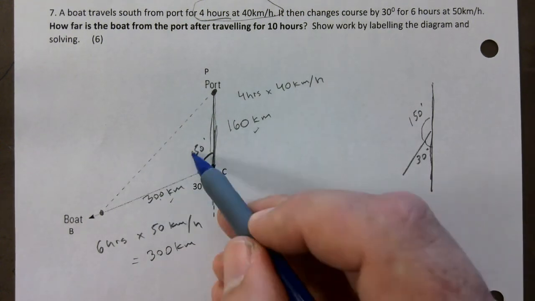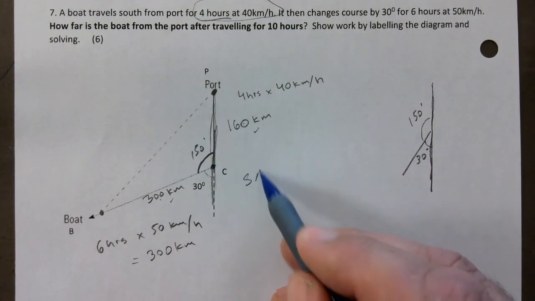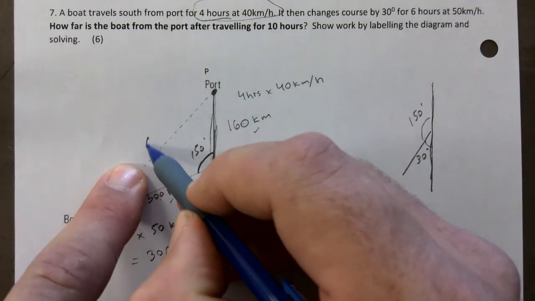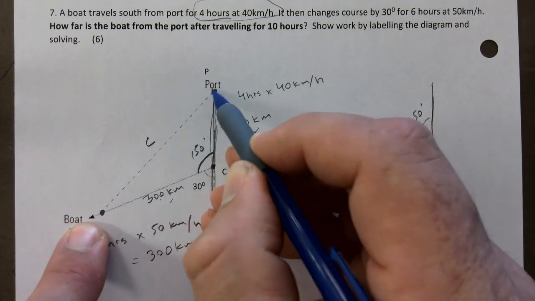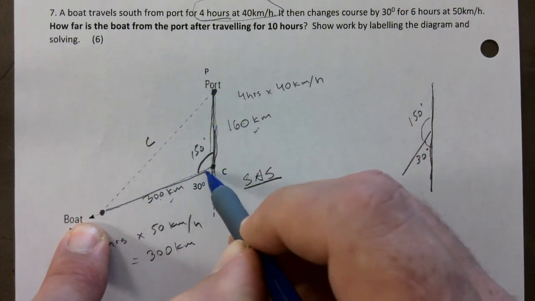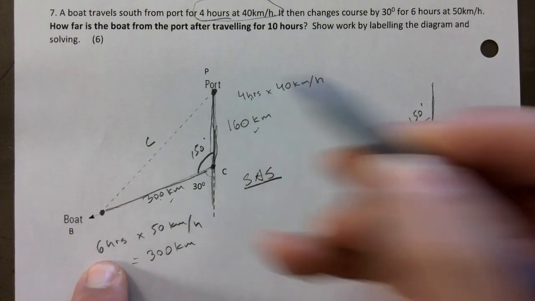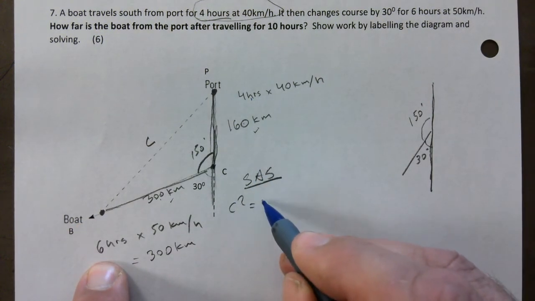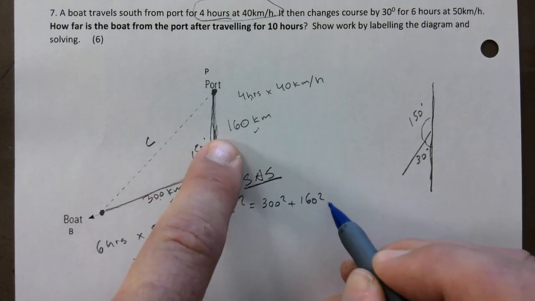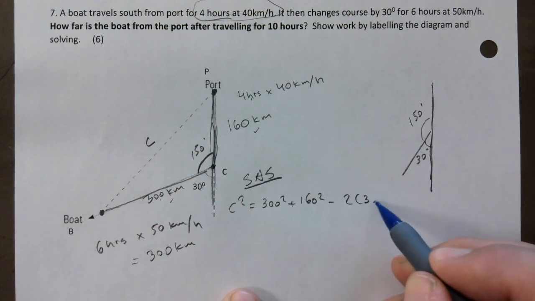Then you have a side angle side. And so they want to know this, right? How far is the boat from the port after traveling 10 hours? Because you did travel 10 hours, it's 4 and 6. So c squared is equal to 300 squared plus 160 squared. And you know how this goes, right?